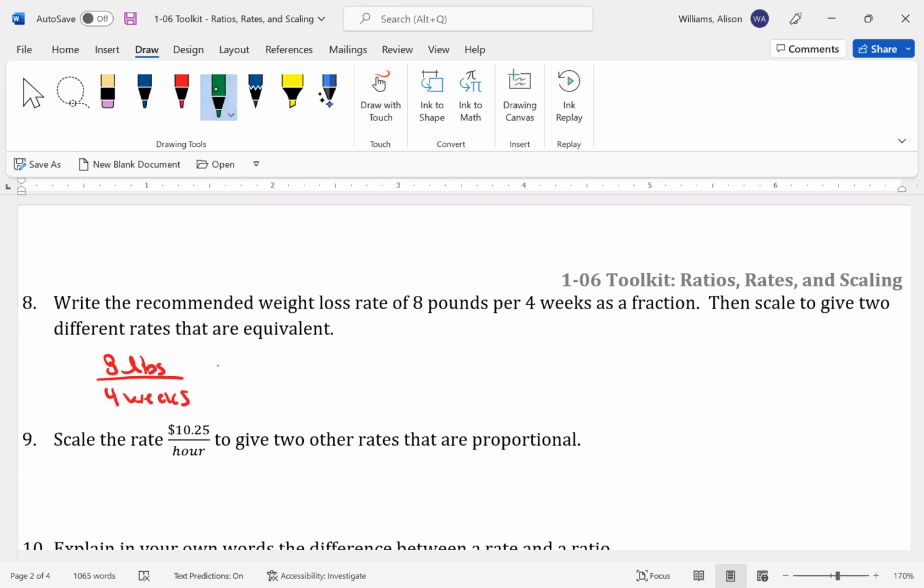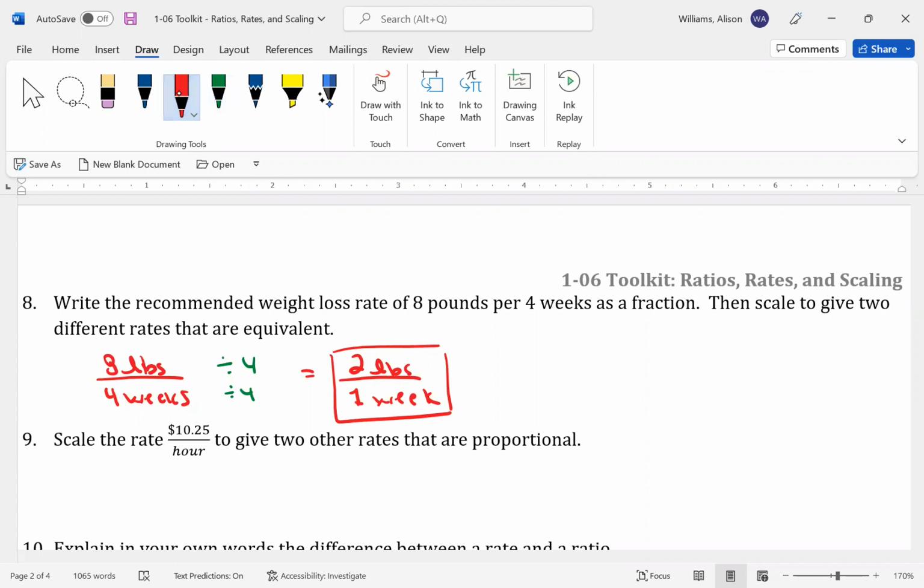Okay, so one equivalent fraction. Let's say I divided top and bottom by 4. So that would be 2 pounds for 1 week. That's a nice way of thinking of it. So for every week losing 2 pounds, that's a good recommended weight loss rate. Okay. Another equivalent fraction would be, let's say I scale up this time.